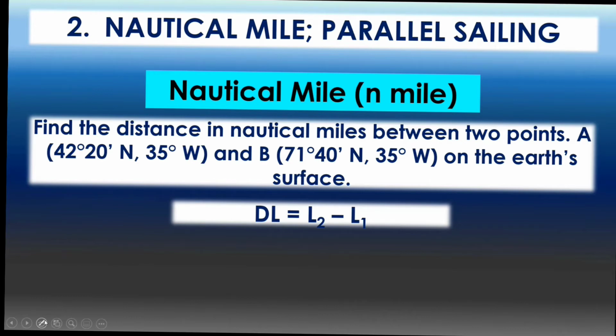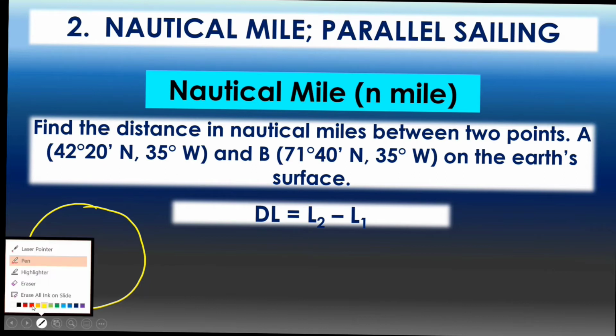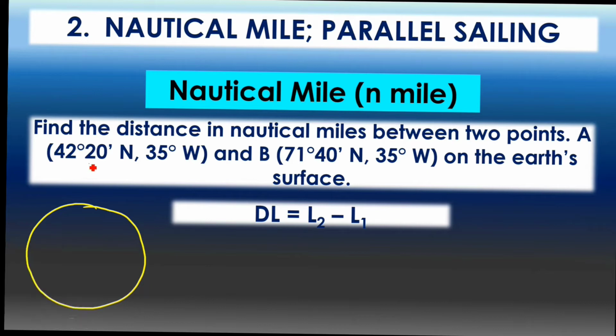If you try to draw, point A is 42 degrees 20 minutes north. So this is actually the latitude. For the latitude, remember the measurement is from the equator. So let us have the equator here.